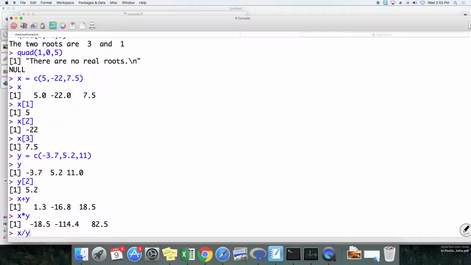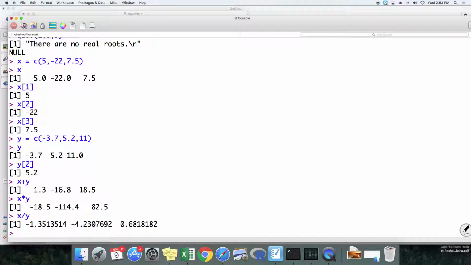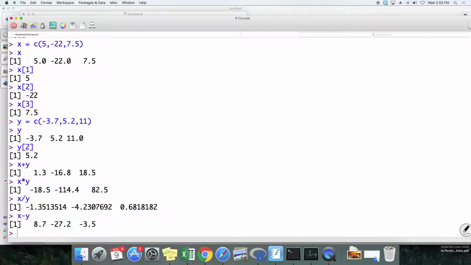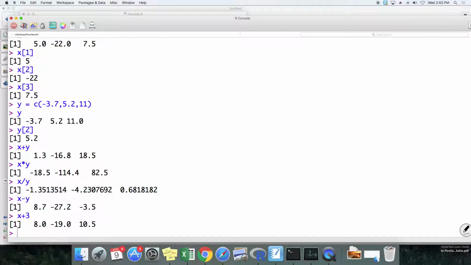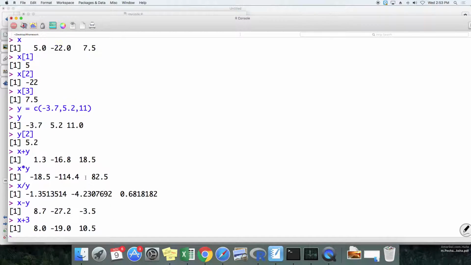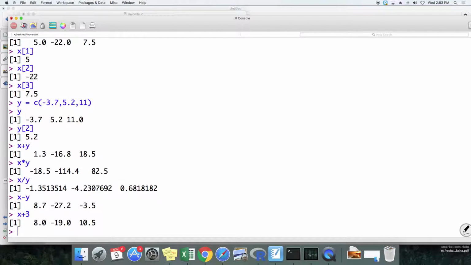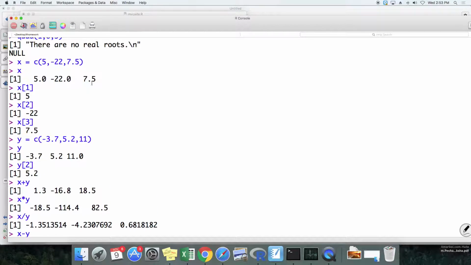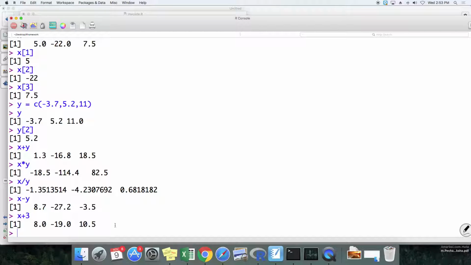And suppose x divided by y is the same. x minus y is obviously similar. Also, suppose you want to do x plus 3. That means you just add 3 to all of them. Like 5 plus 3 is 8, minus 22 plus 3 is minus 19, and 7.5 plus 3 is 10.5.